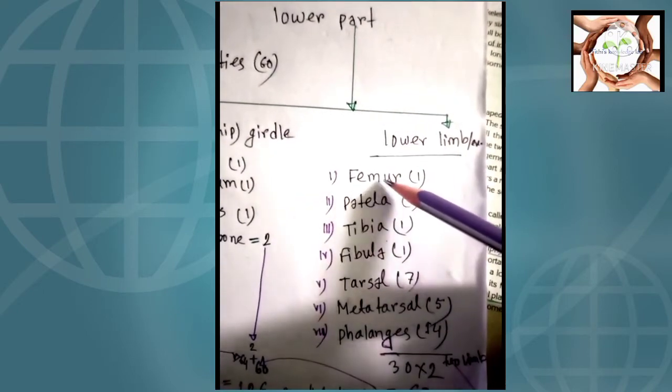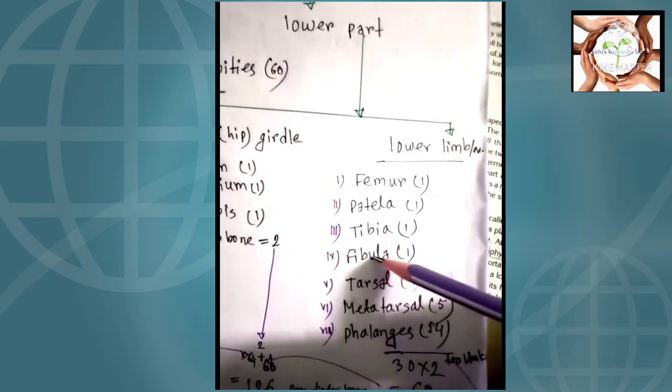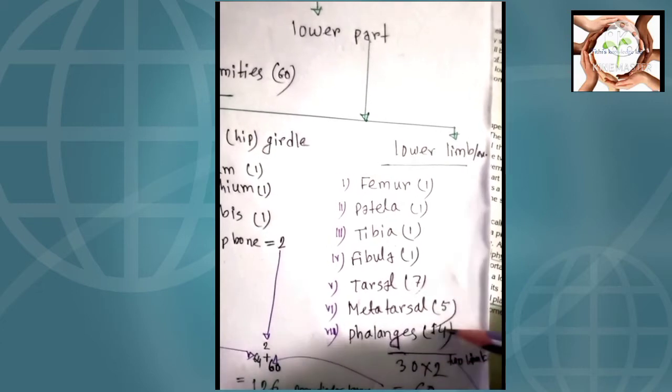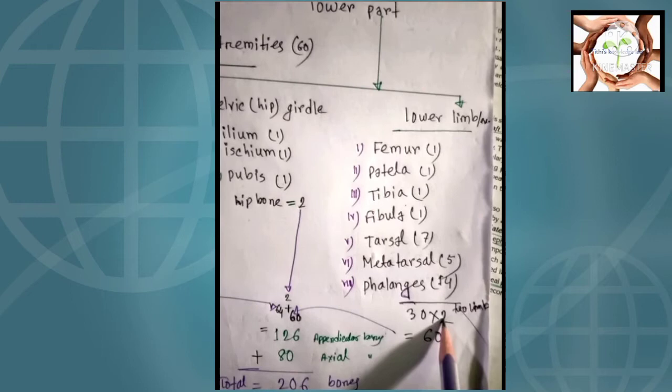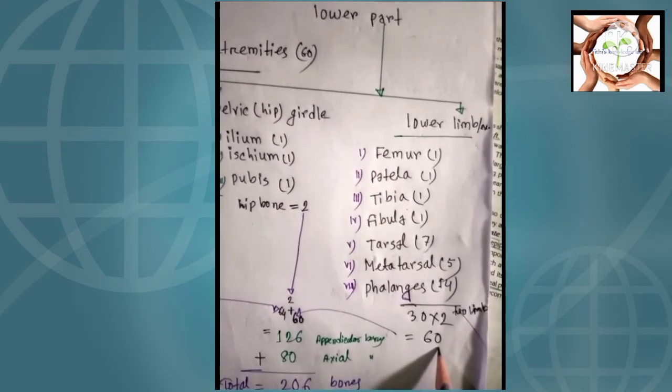Now we come to the lower limb bones. Here femur 1, patella 1, tibia 1, fibula 1, tarsal 7, metatarsal 5 and phalanges 14. Total 30 into 2. Here 2 refers to 2 limbs. So 30 into 2 equals 60 bones.